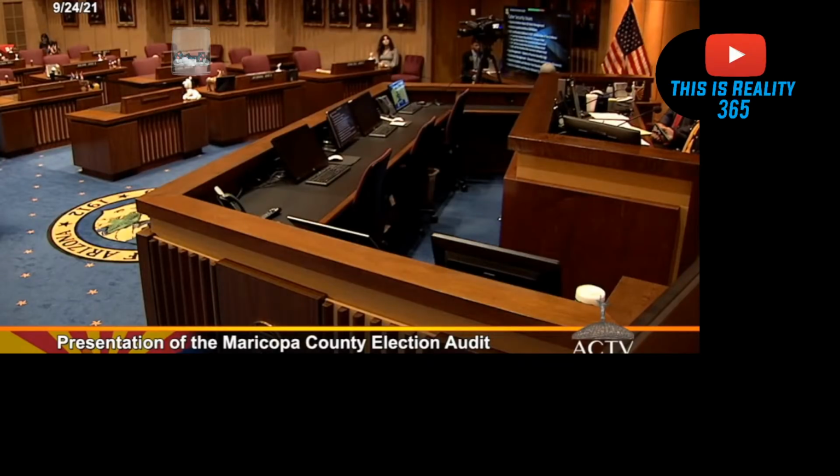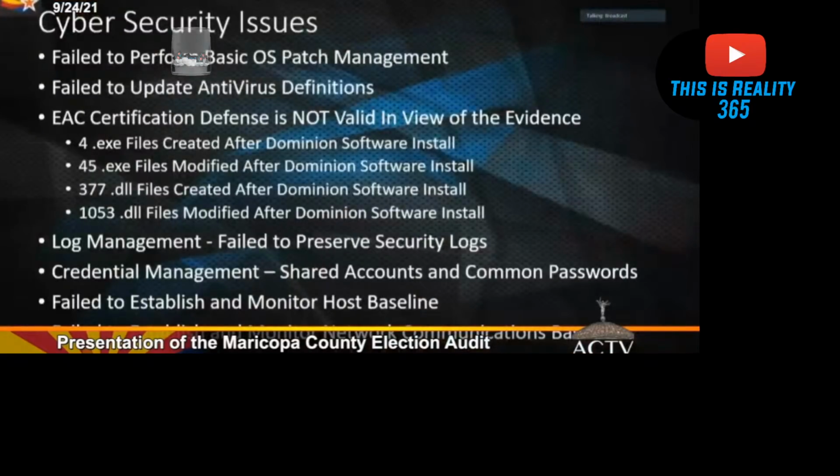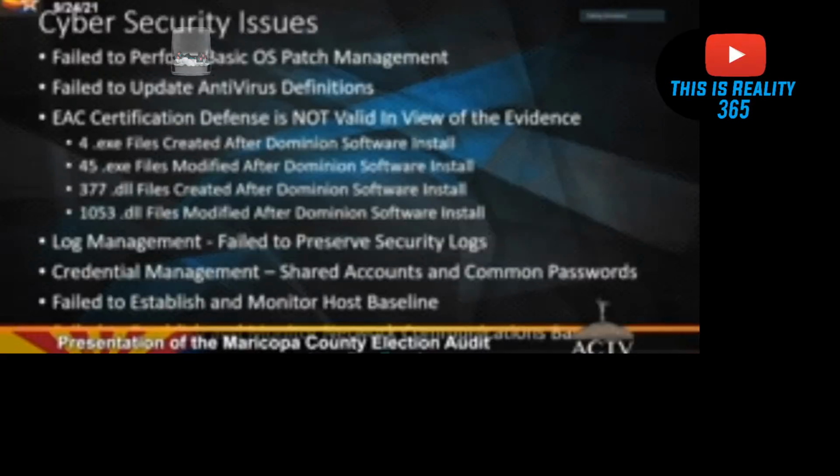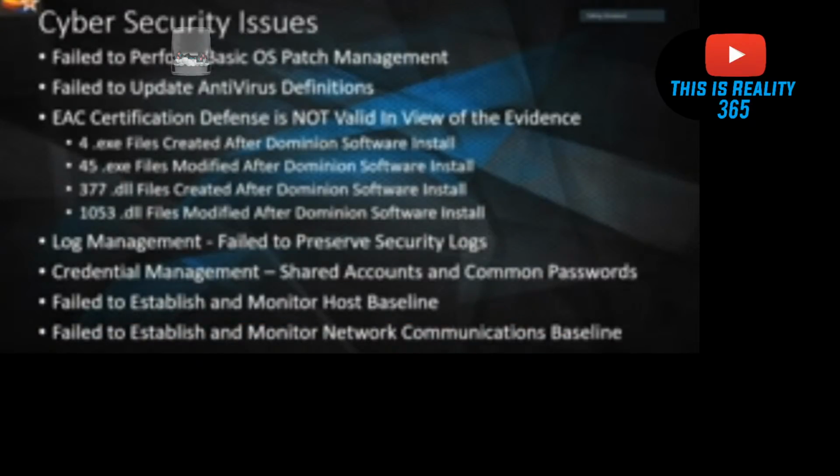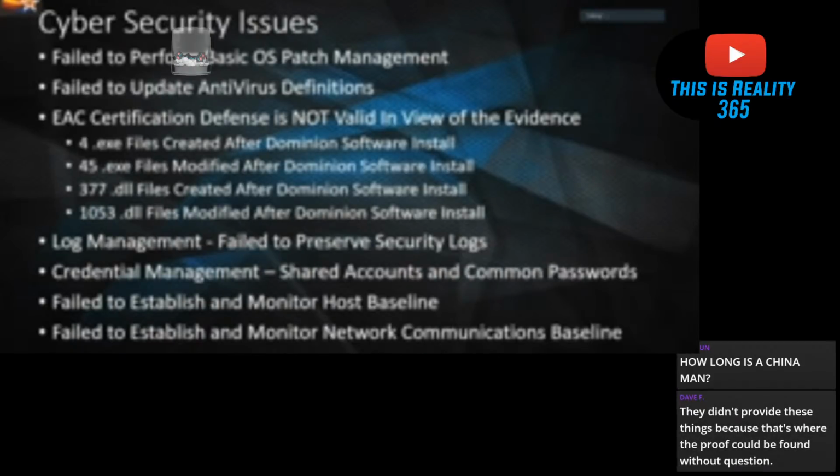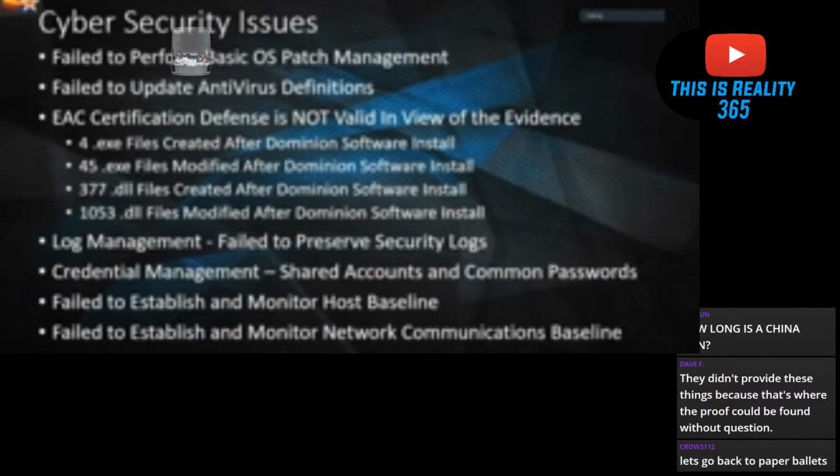Now, the Department of Homeland Security has a division called CISA, and CISA has a recommendation that's published on the internet for how to configure and manage election systems that is freely available, and it's recognized as kind of the gold standard for securing an election system.